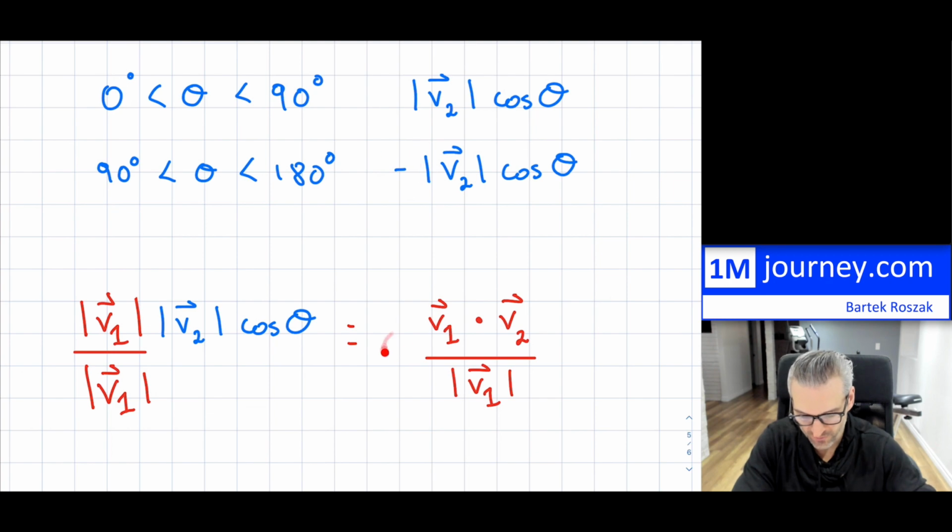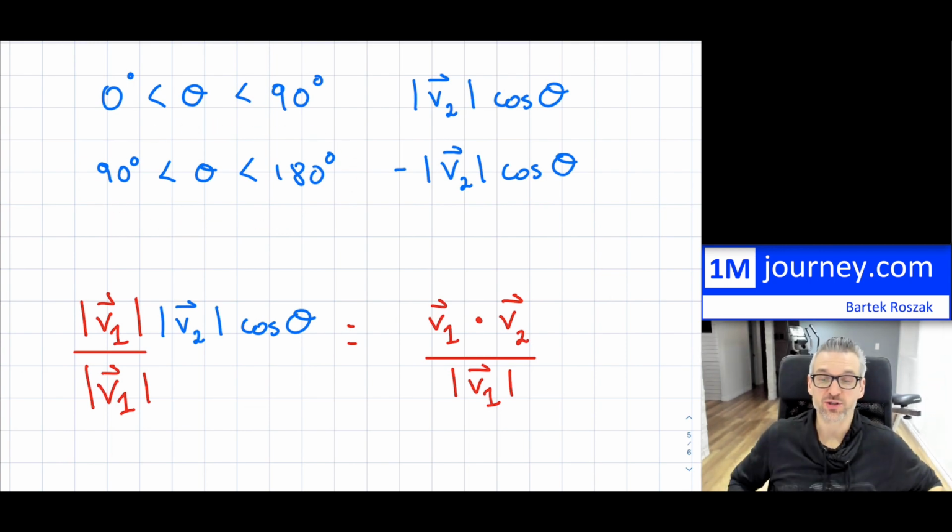A negative would come up here if you're dealing with that case. So if you're unsure, then just find your cos theta. I pointed out how to find the angle between two vectors. I showed you a link, so you can always do that.